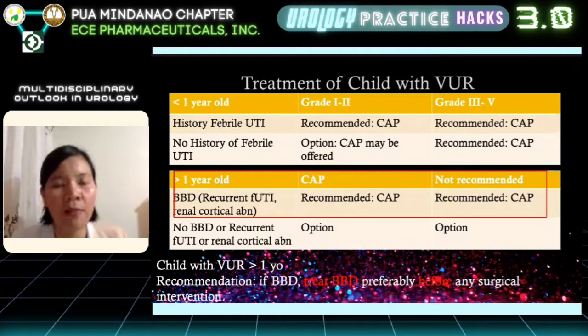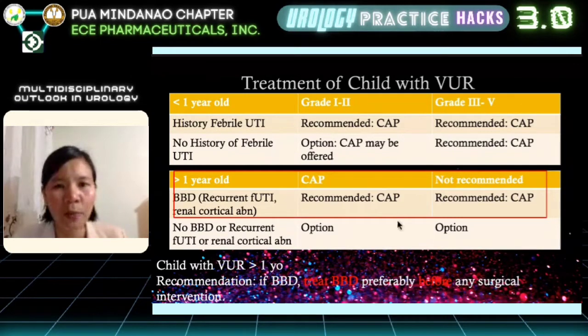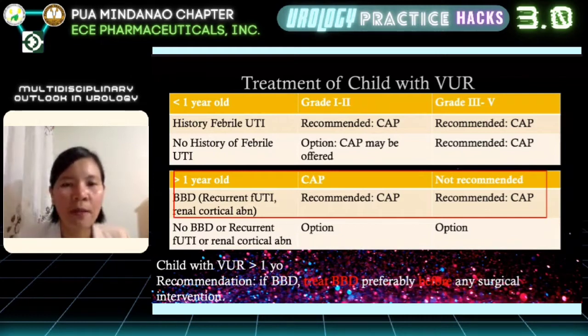So when do we recommend giving continuous antibiotic prophylaxis? It is useful in patients with grade 3 and 4 reflux to prevent recurrent infection, but its use in preventing further renal damage is not proven.